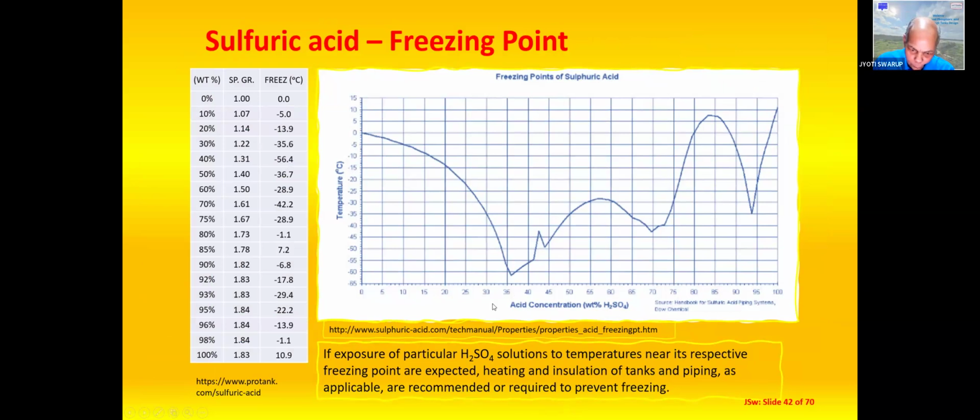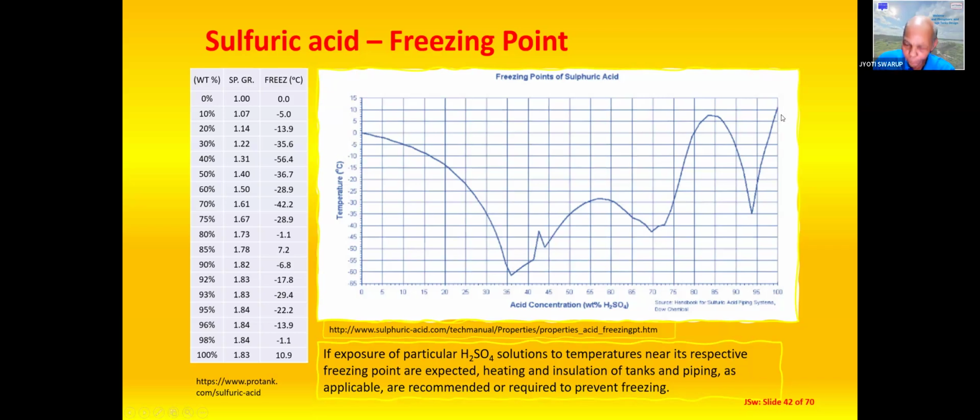At an acid concentration of something like 36%, the freezing point can be minus 50 degrees, but at 100% acid concentration, the freezing point is 10 degrees. So that means if you have a minimum ambient temperature of 4 degrees in a Delhi environment or wherever, then the sulfuric acid will freeze in the tank.